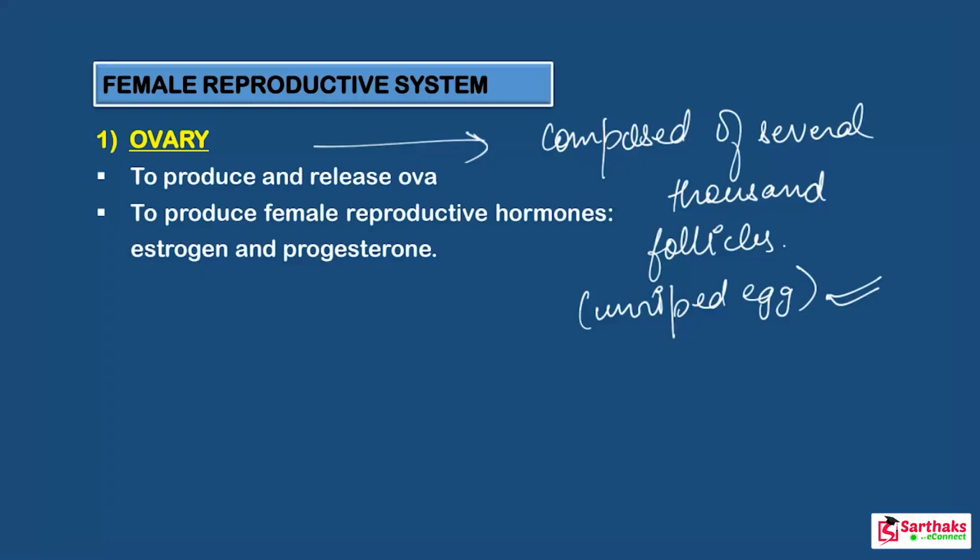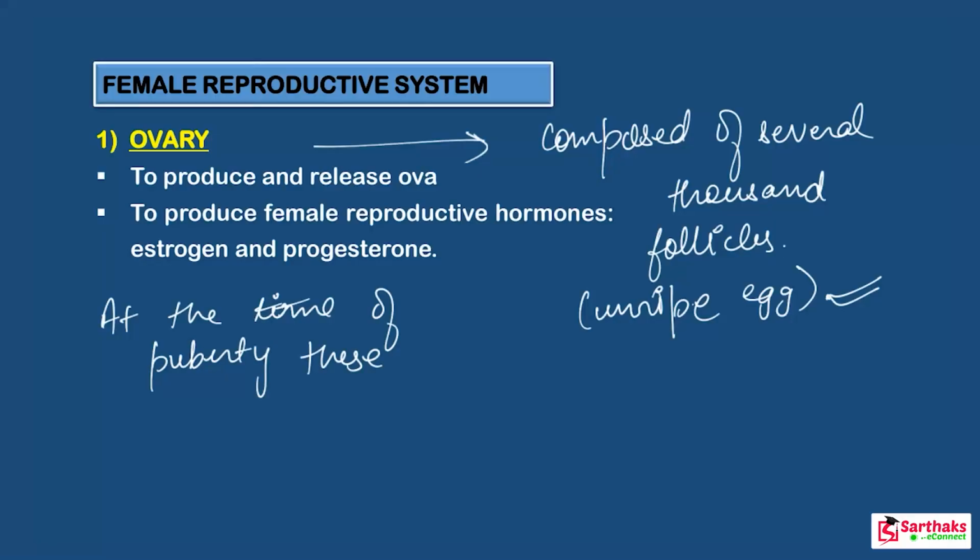But when these eggs become ripe, when they become mature, they become mature at the time of puberty. Clear? So at the time of puberty, these immature or unripe eggs get mature or ripe.